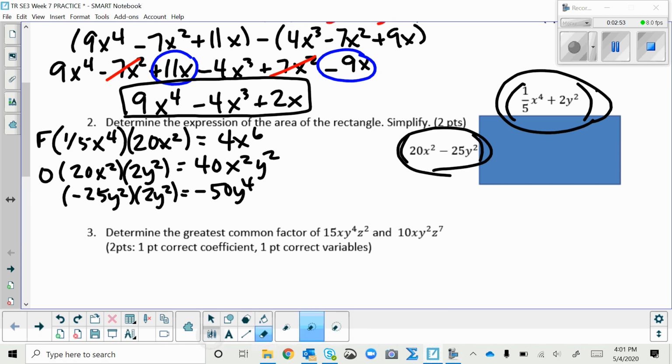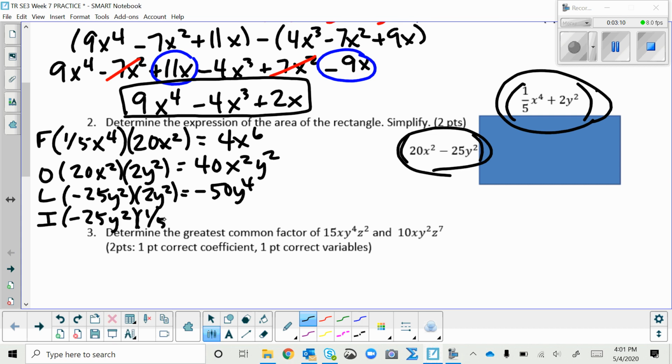That's the L in FOIL. Here's the inside terms, I'm sorry. So instead of FOIL, we're doing Foley or Folly, however you want to pronounce it. The inside terms are negative 25y squared and 1/5 x to the 4. So 1/5 of negative 25 is negative 5, and then x to the 4y squared.